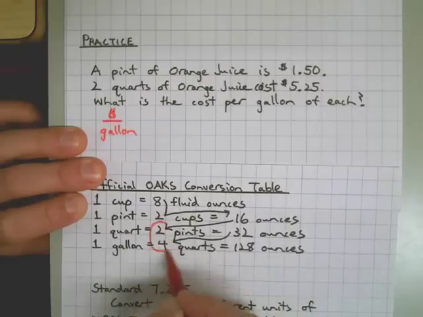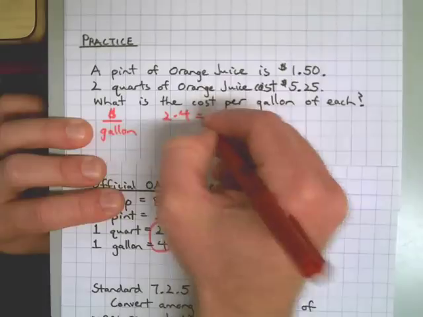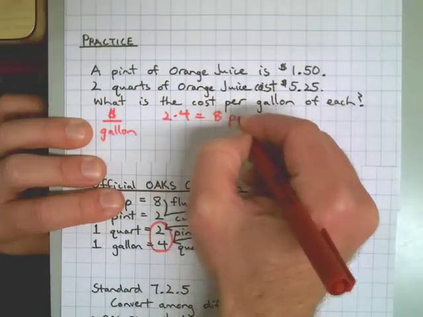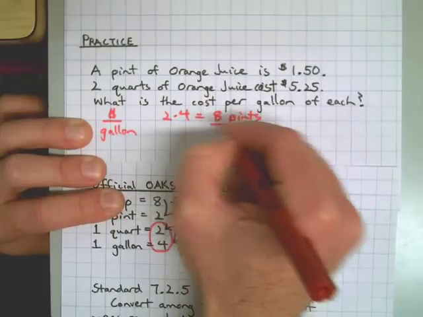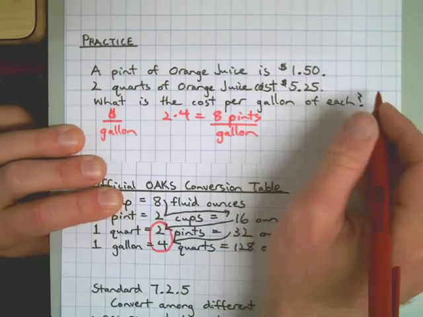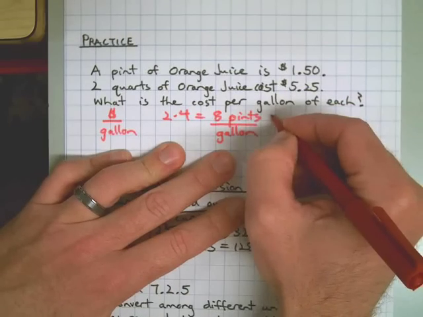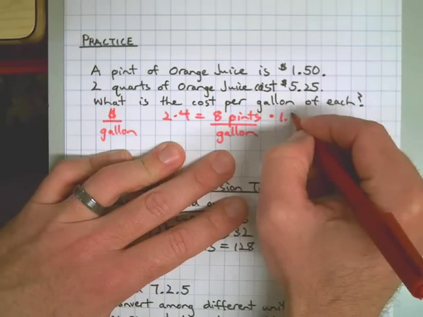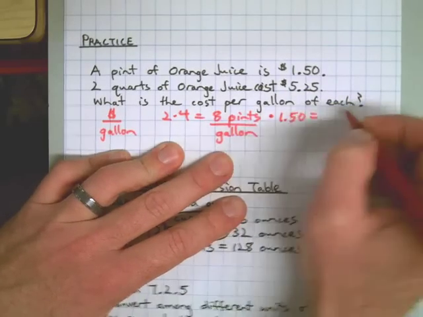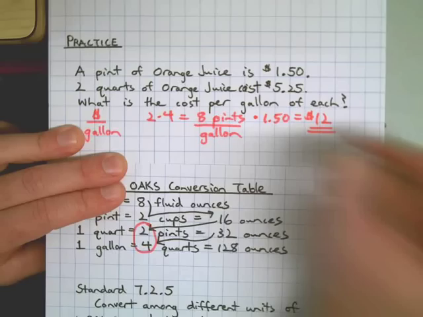So if I go 2 times 4, that's 8 pints in a gallon. Once again, we can write that as a fraction. So since 1 pint is $1.50, we have 8 of them. That'll give us the price per gallon. And the answer is $12.